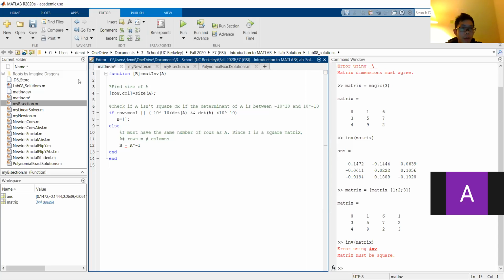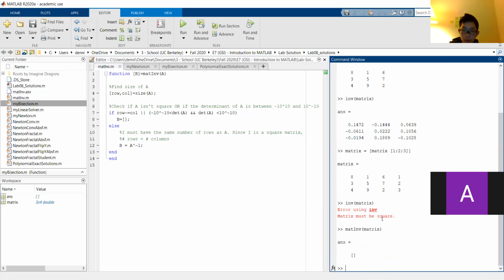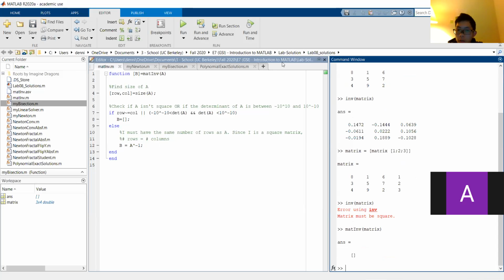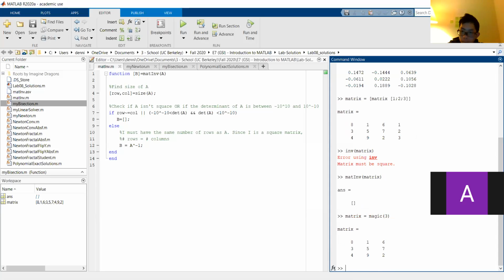Okay. And let's do a semicolon. Let's test this out. Always a good thing to do. Mat inverse. Oh, we conveniently have a matrix ready to go. That makes sense, because it is not square. Now let's do matrix equals magic 3 one more time.